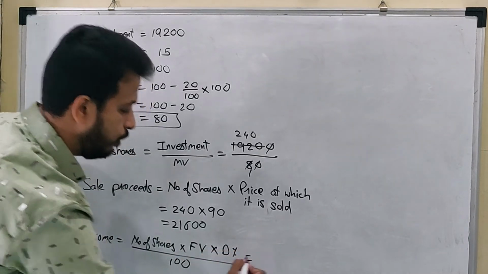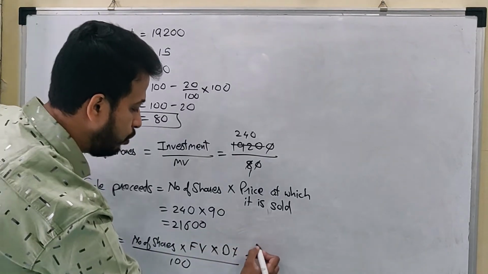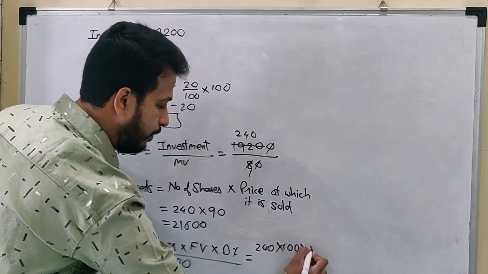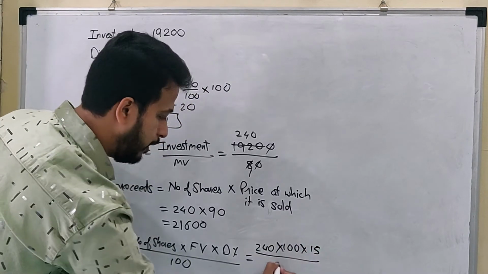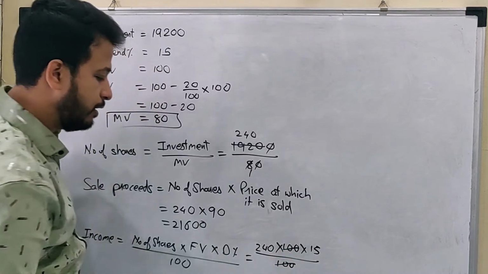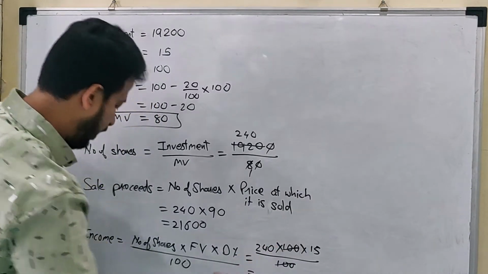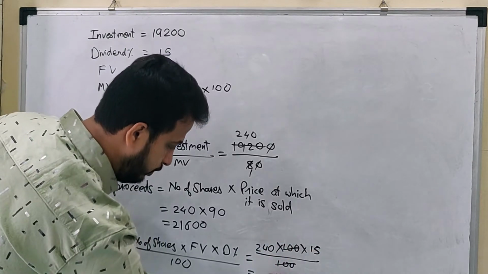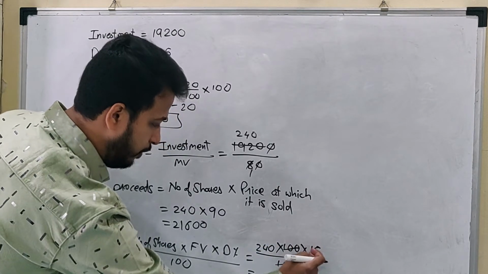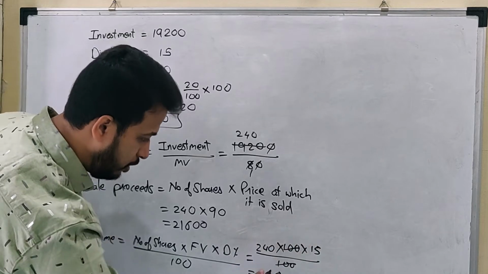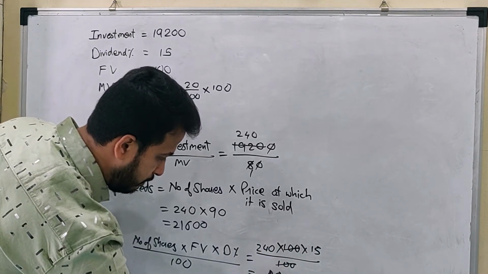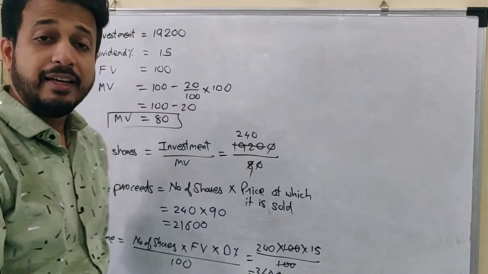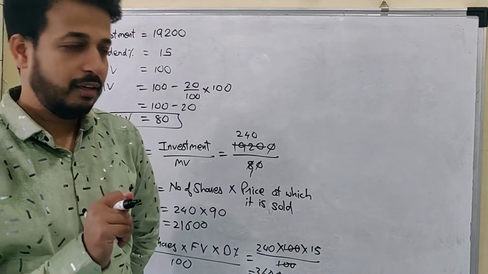So the number of shares is 240, face value is 100, and dividend percent is 15%, whole divided by 100. So the 0 0 gets cut. So your income of the first part is 15 times 24, which is 3,600.